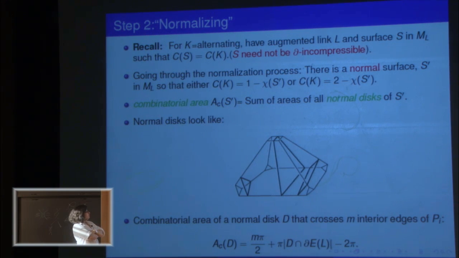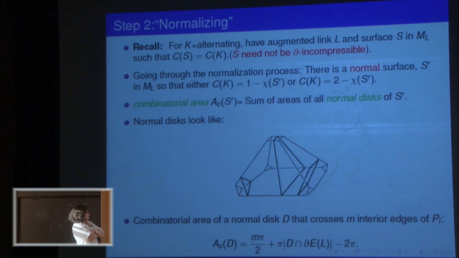And so what we will do is run the algorithm, the normalizing process, and there are two choices again, but you can calculate your crosscap number from the normal surface. All right. So the point is that as you normalize again, you may not retain the Euler characteristic, which is what you're interested in, but in the end you're able to somehow use it.